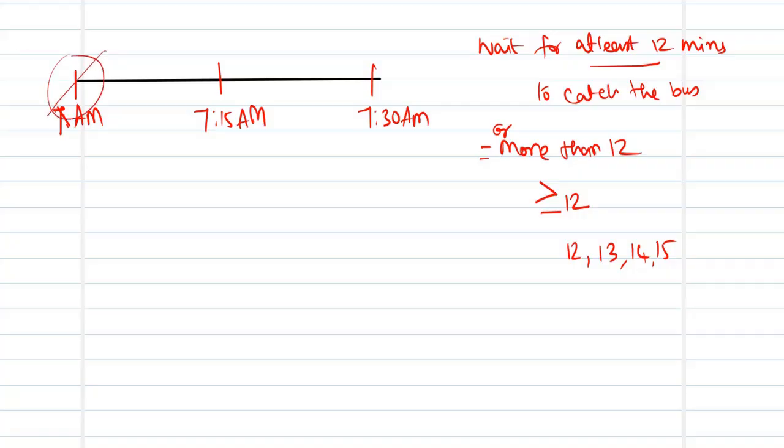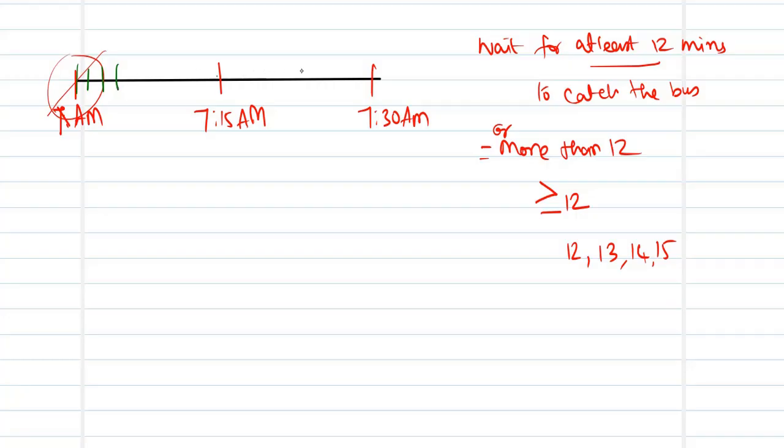Hence what we will have to do is from 7:15 let us travel back. If we go back 12 minutes, where would he have arrived? This is the 15th minute, this is the 14th minute, this is the 13th minute, and this is the 12th minute.